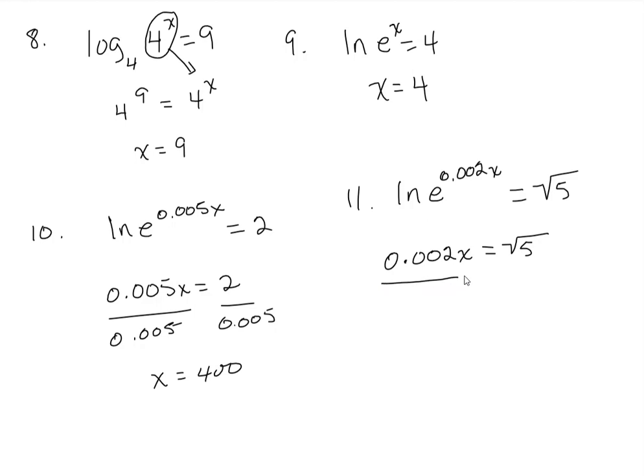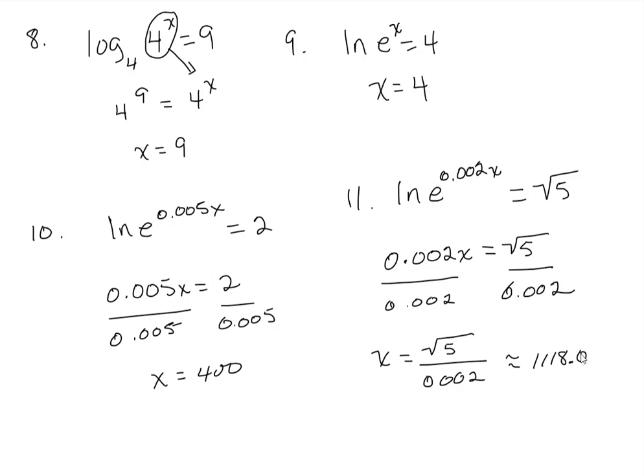And divide both sides of my equation by that decimal. So x equals the square root of 5 divided by 0.002. And I can stick that into the calculator, and I'm going to get approximately 1,118.03.